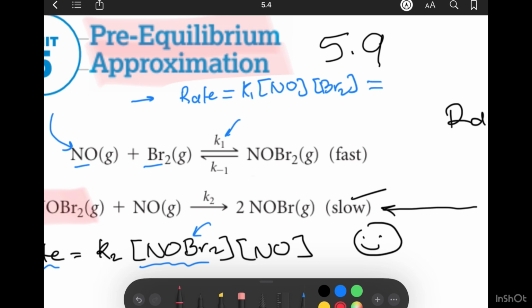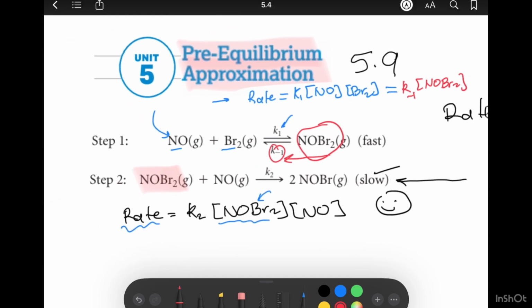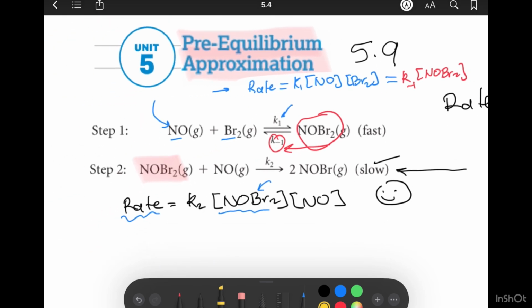How can I write it? The backward reaction: we call the constant k-1, and open the bracket. This is your reactant at that point, which is NOBr2. Perfect. So you have this beautiful relationship that is highlighted in yellow.